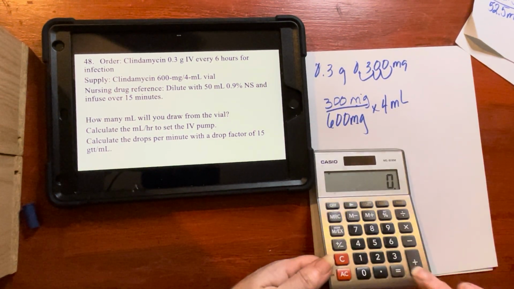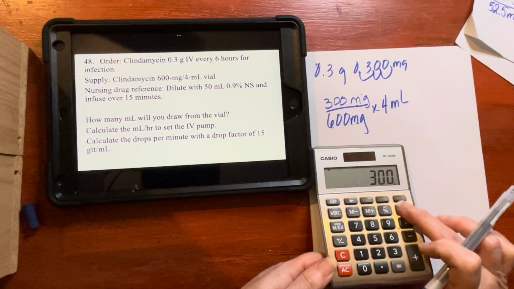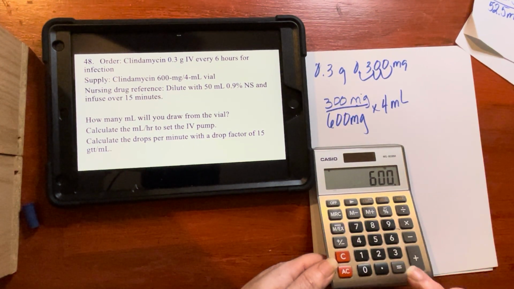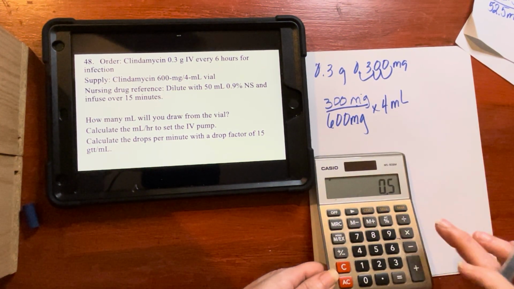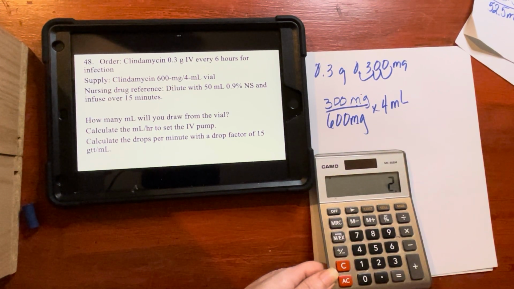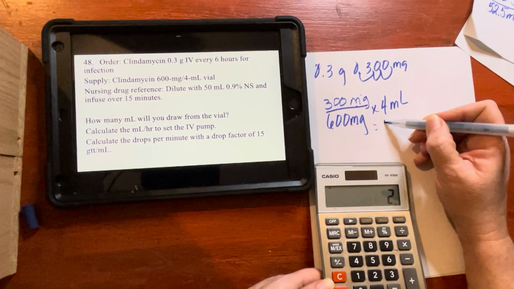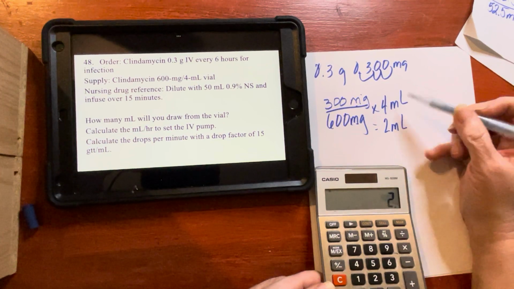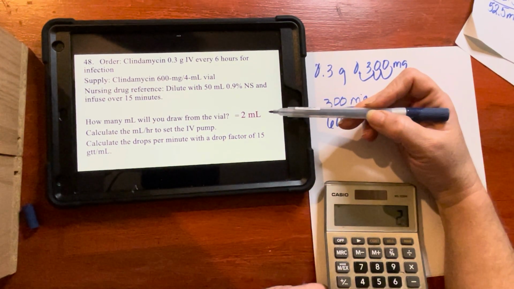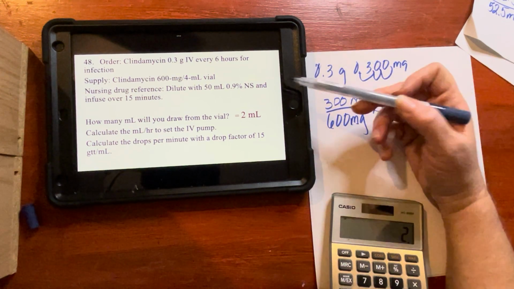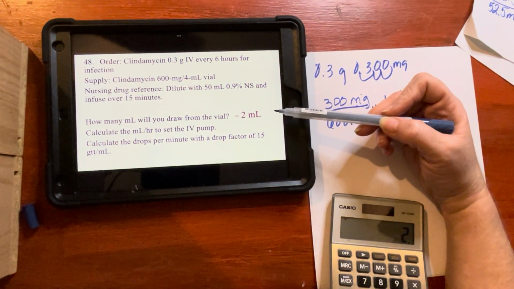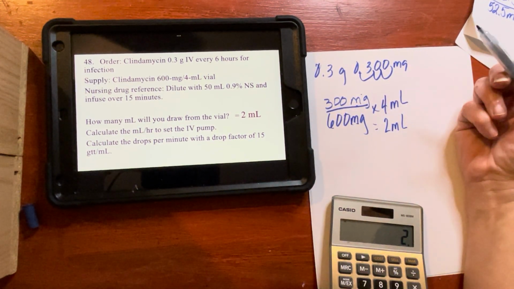Let's do it together. 300 divided by 600 equals, and then, oh wait, times 4. So we're going to have to draw 2 milliliters out of the vial. Boom. You see that? I know it's a lot, but just take one question at a time.